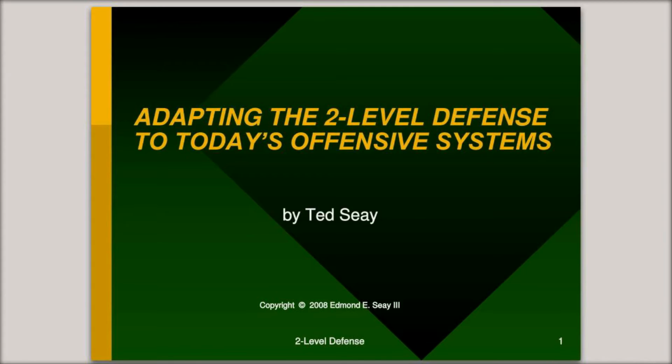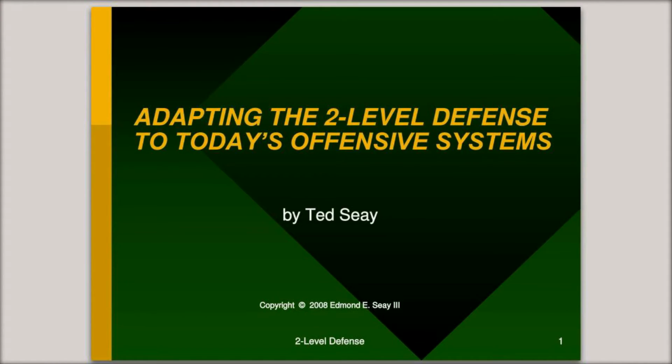But as things have sort of opened up over the years, as the rules have changed, as things have got more sophisticated in a way, the two-level defense has grown with that and also in its own way become more sophisticated.